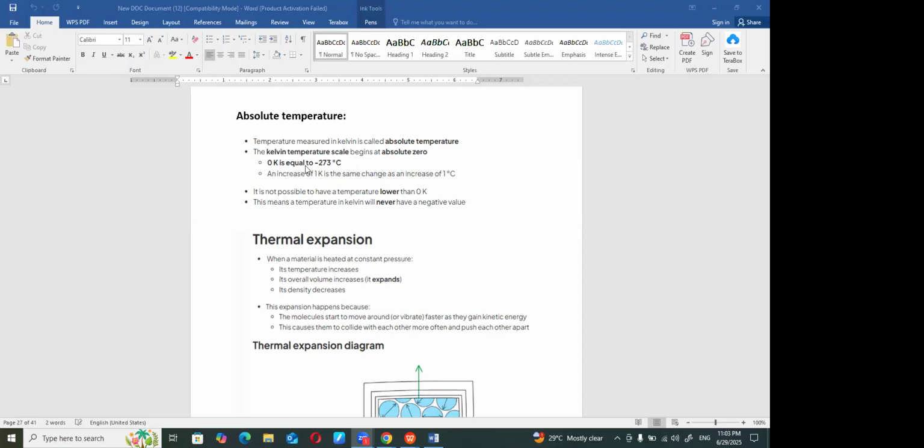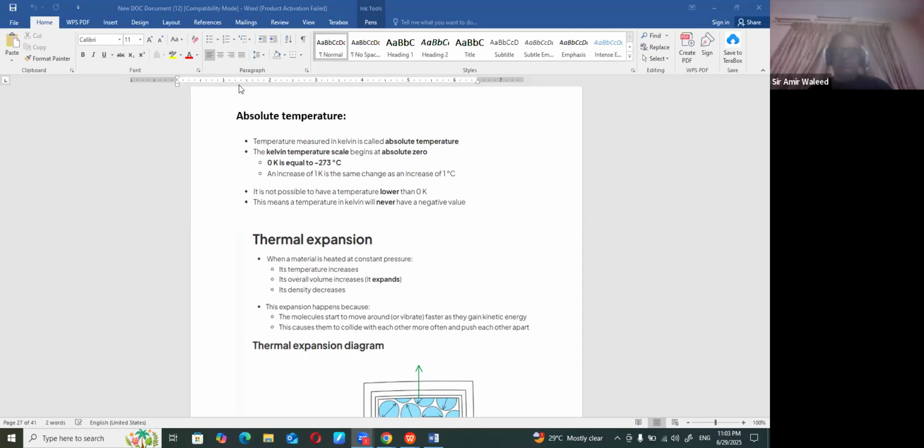First thing is, what is absolute temperature? That's important. When you say absolute temperature, remember that absolute temperature is everything to do with the temperature scale, right? When you say temperature scale, we are actually talking about the scale of temperature.